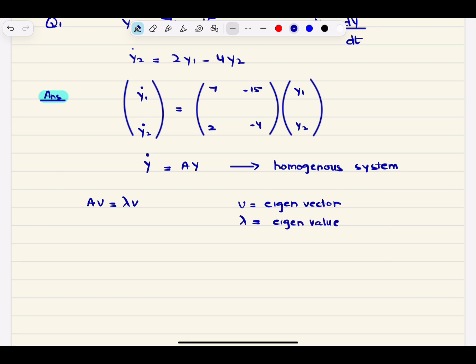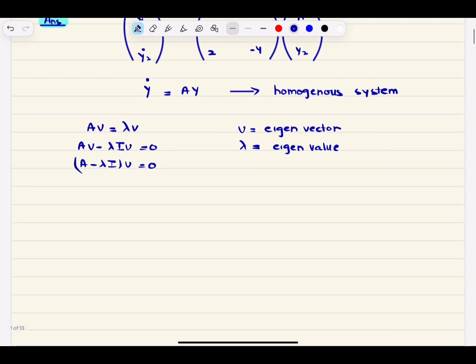So we have AV minus lambda identity V equals 0, (A minus lambda identity) V equals 0. To get the characteristic equation, I'm going to take the determinant of this and put it equal to 0.